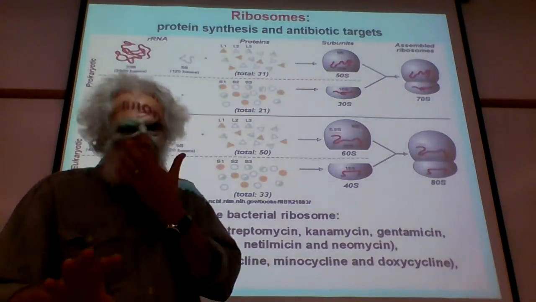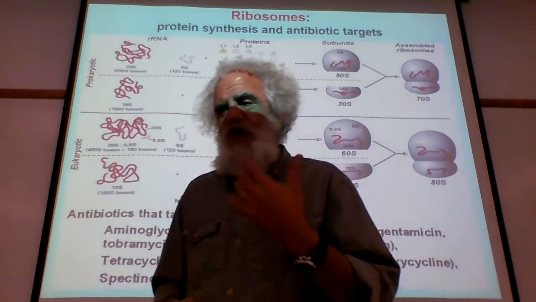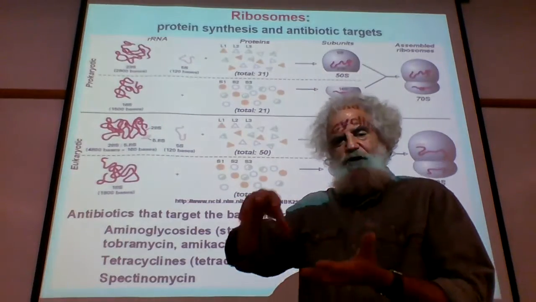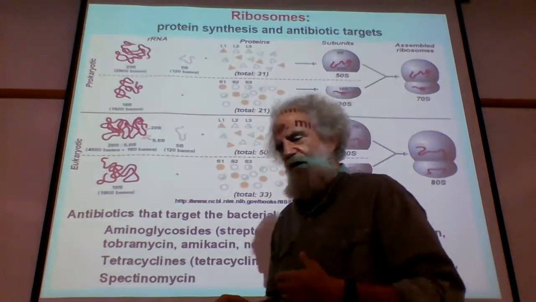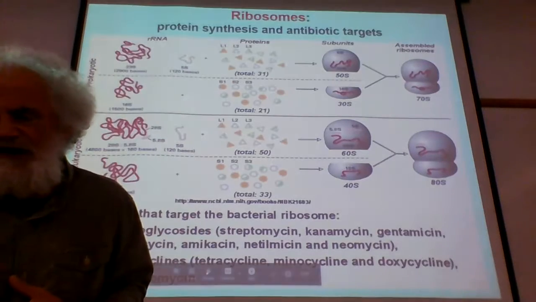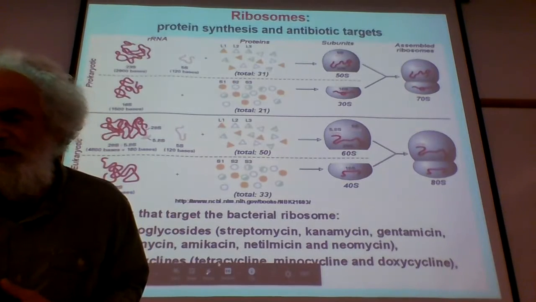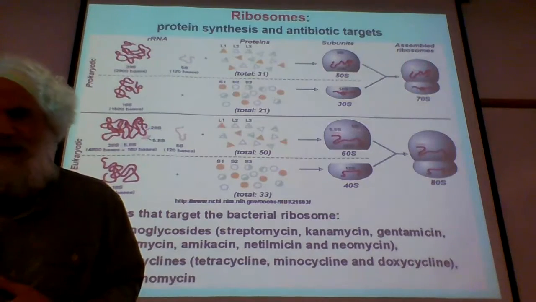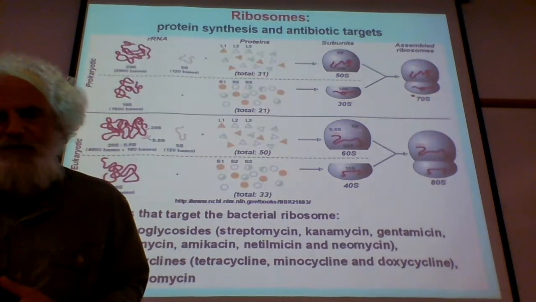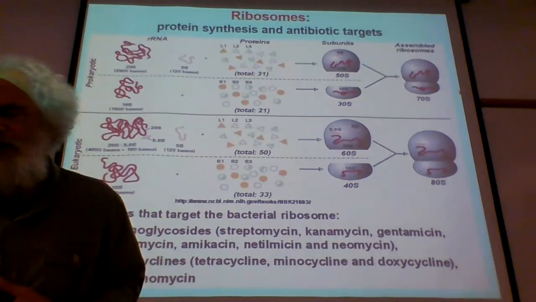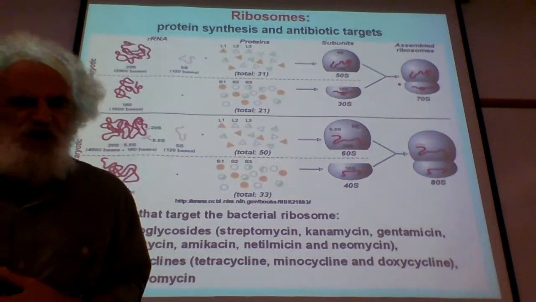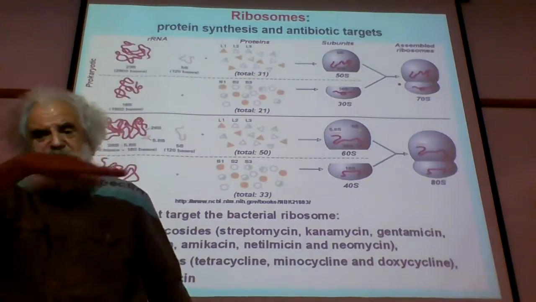First off, if we look, and you don't need to really memorize these numbers, but just recognize that ribosomes always have a large subunit and a small subunit. I kind of think of it as the hamburger bun model, where you got the top part of the hamburger bun and the bottom part of the hamburger bun, and the RNA is going to end up being, I don't know, the burger patty, the lettuce, whatever, mayonnaise, and it's going to be in the middle.